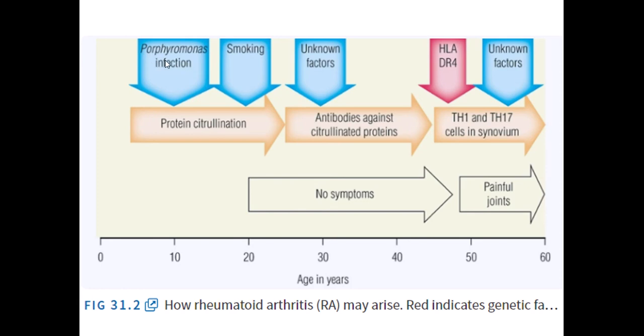For example, the infection theory, like the Porphyromonas, for example, infections could lead to the CCP. Also, the cytokines that are involved. It is so important to know about those and their mechanisms, and also the many other factors that are not known.